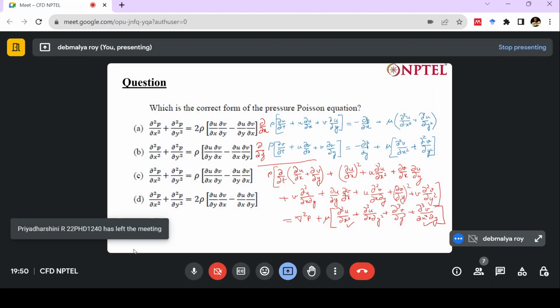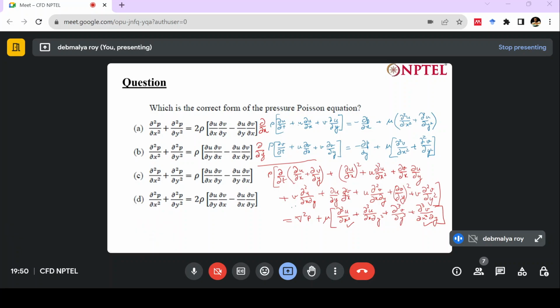Okay, so you can see here, if you pair up this particular term with this term, and you take the operator del square del x square out, then you will have del u del x plus del u del y, and from continuity you can assume that to be zero.